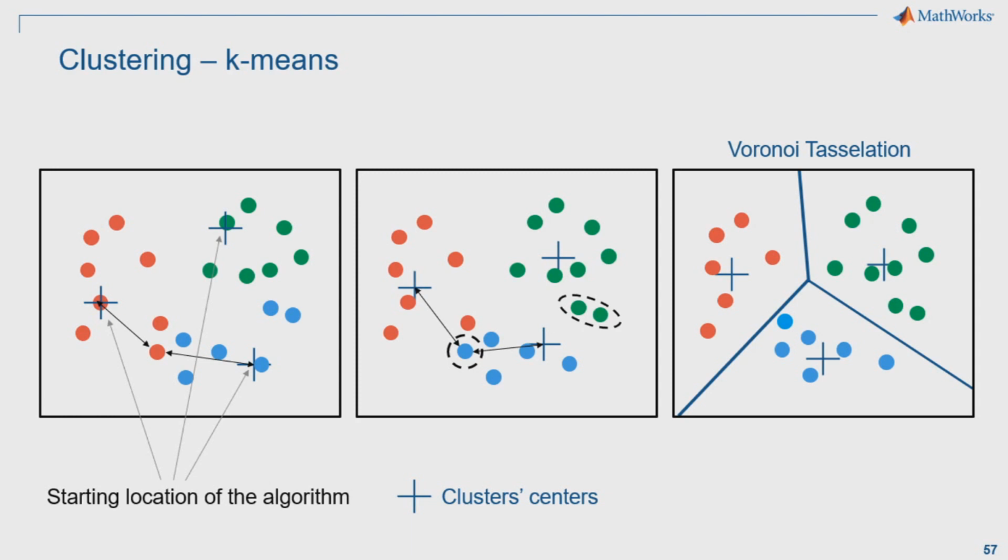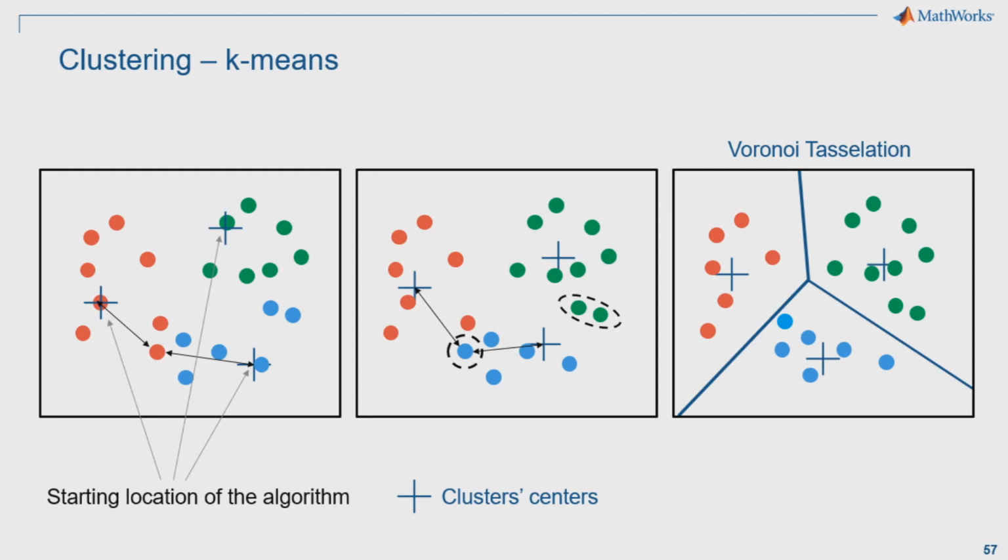So if you watch the first images, the red point here is compared with the distance of all the centroids, and if it is closer to the centroid of the red cluster, it will be automatically assigned to the red cluster.